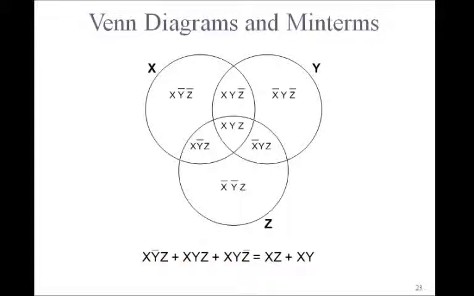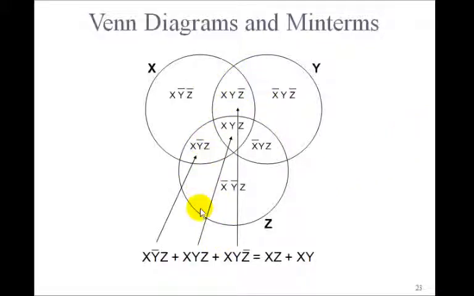So we could ask, for example, is this a Boolean identity? And if you look at this Venn diagram, you see that x AND NOT y AND z is this little area. x AND y AND z is this little centerpiece, and x AND y AND NOT z is this.